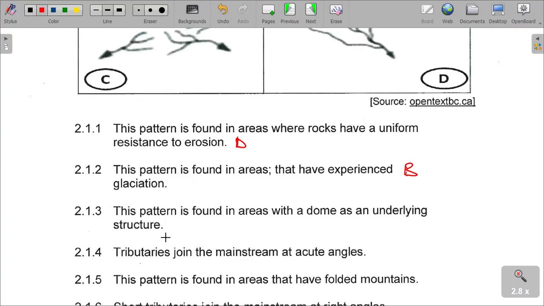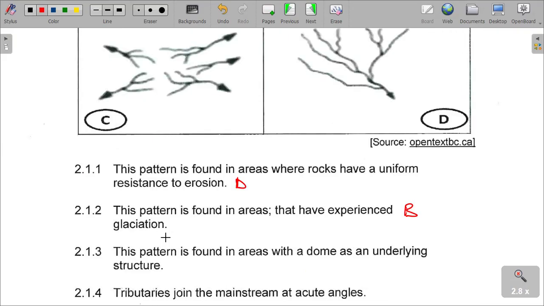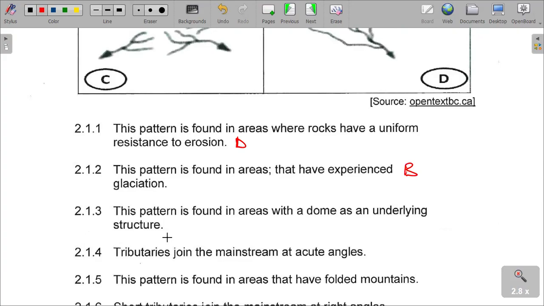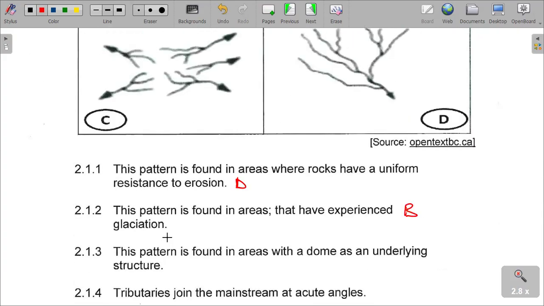Obviously, it must be draining in all directions from a central point, which must be C.